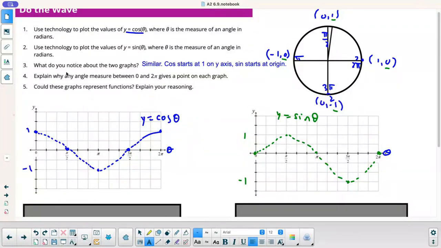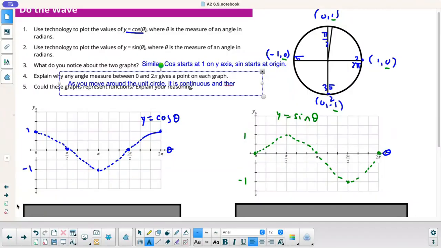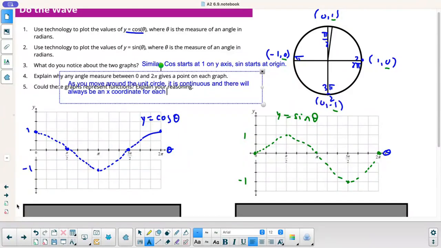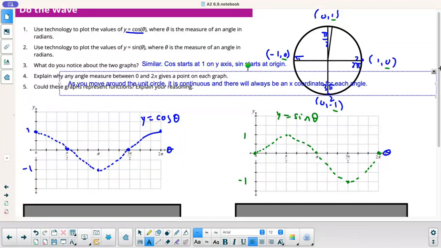So I would say something here along the lines of, as you move around the unit circle, it is continuous, and there will always be an x coordinate for each angle. Okay, that was for number 4.